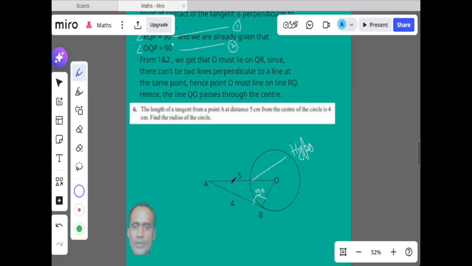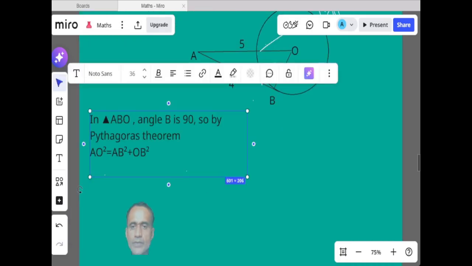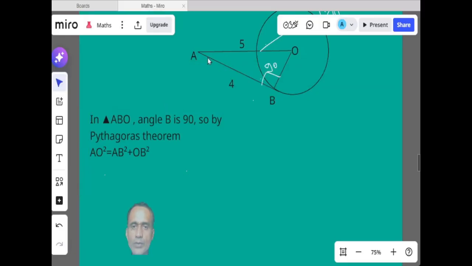So AO square will be equal to AB square plus BO square. AB is given, we need to find BO. So we write the Pythagoras theorem for the right angle triangle ABO. In triangle ABO, the square of the hypotenuse is equal to the sum of the squares of the sides.